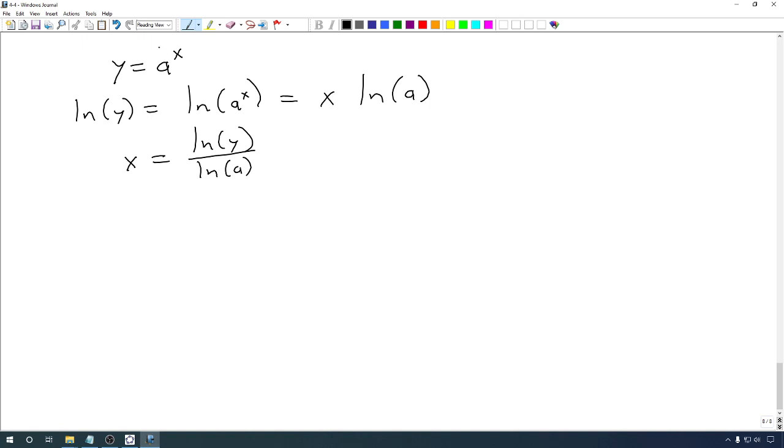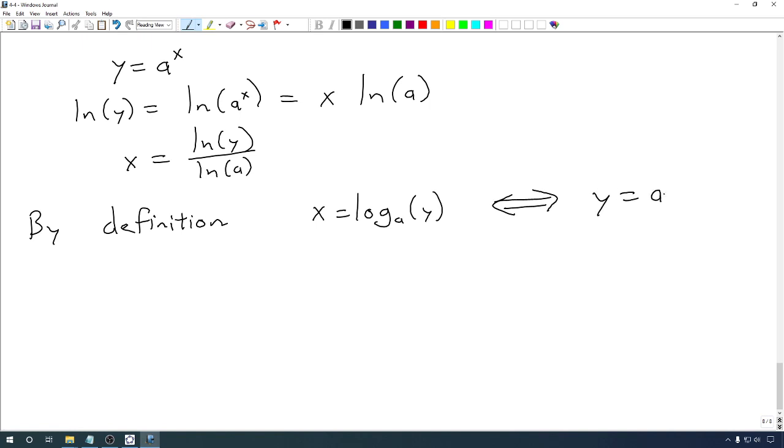But like I said, by definition, let's say x equals the log base a of y means that y equals a to the x. That's what this logarithm even means.